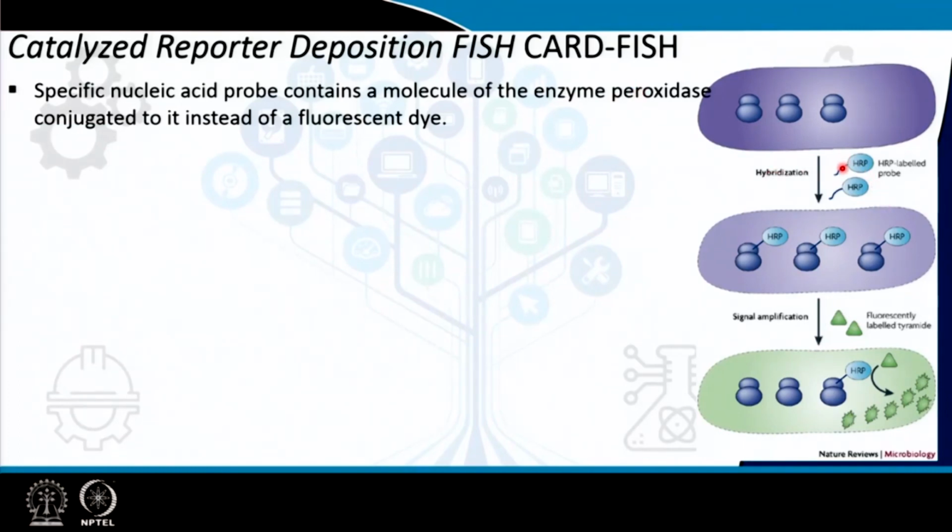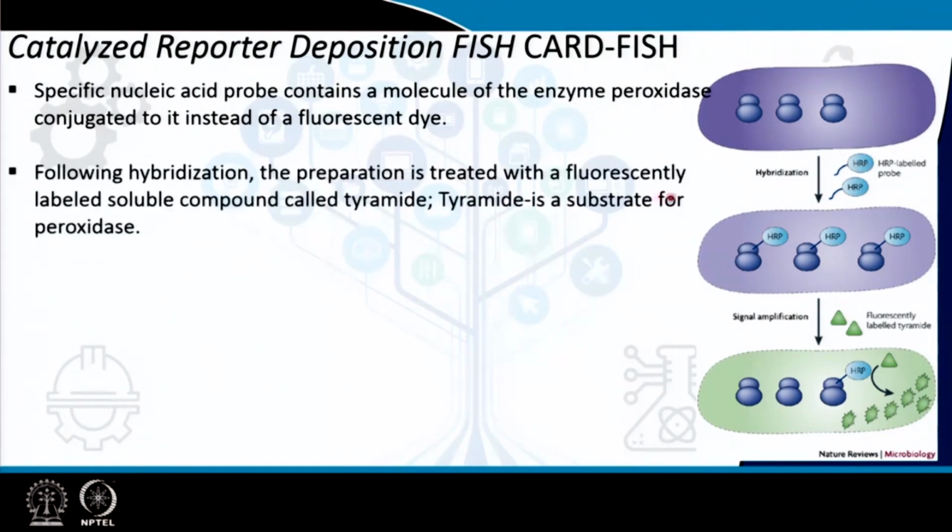This is tagged with the probe instead of a fluorescent dye. The fluorescent dye will come later. First this HRP-connected probe will be used, and following hybridization the preparation is treated with the fluorescently labeled soluble compound called tyramide. First the hybridization is done with the probe containing the specific gene-of-interest sequence and tagged with the peroxidase enzyme.